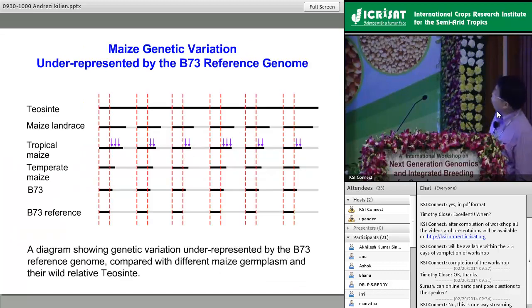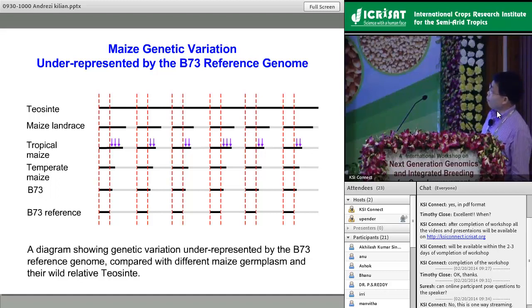Here I show you how the gaps are made. For example, if the wild relatives represent 100% of the genome coverage, okay? So maize landrace maybe just covered about 90% of the total. And the tropical maize may be another 20% lost.